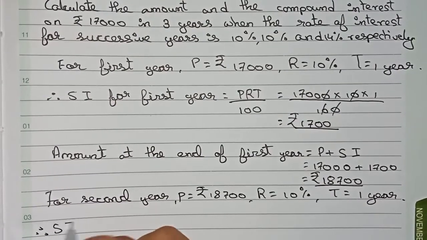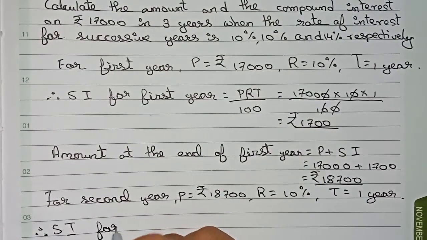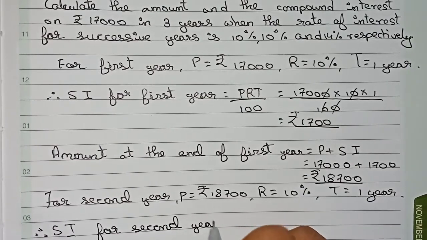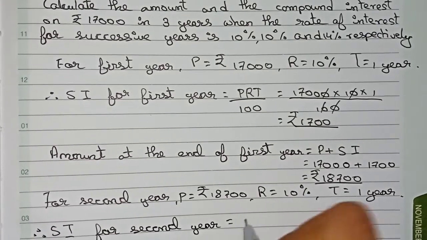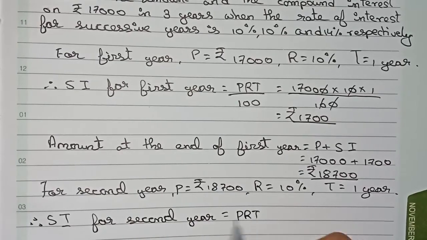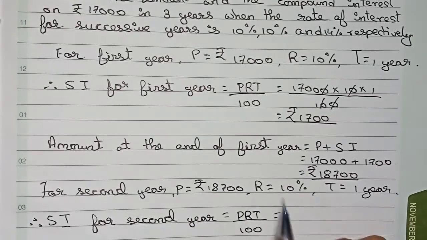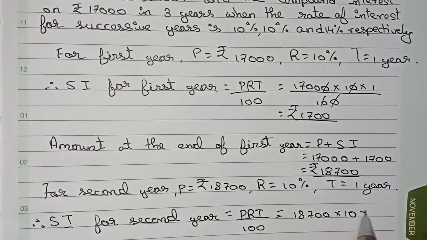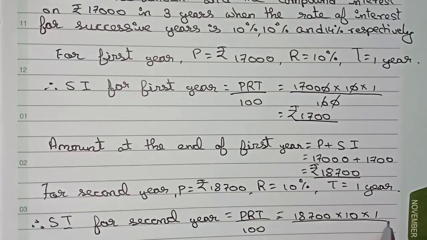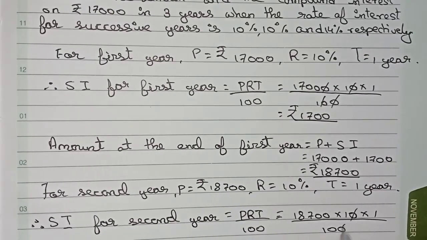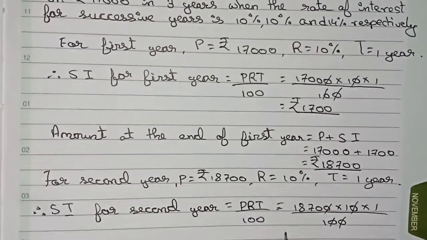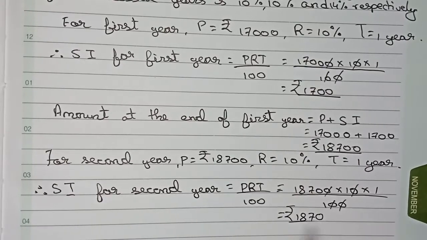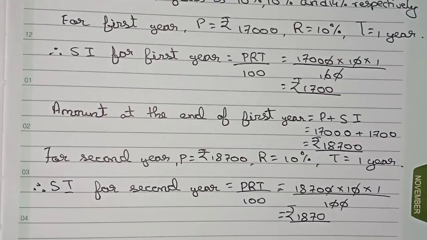So we write the SI for the second year, with the same formula, PRT by 100. That means 18,700 into 10 into 1 by 100. Cut the zeros, so rupees 1870 remains. This is the interest for the second year.